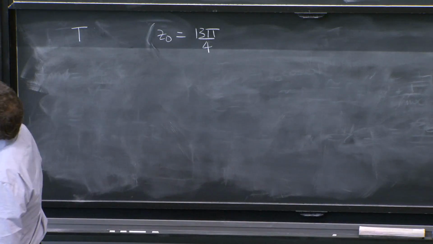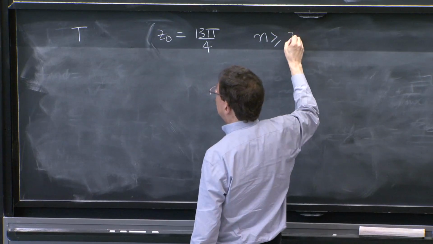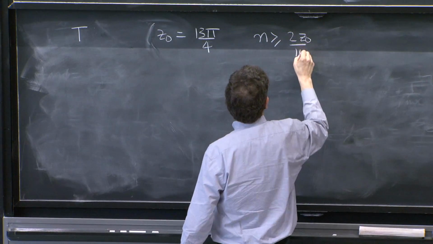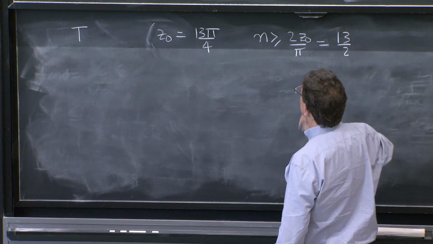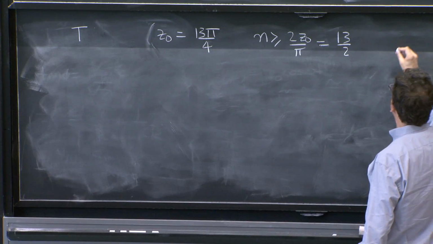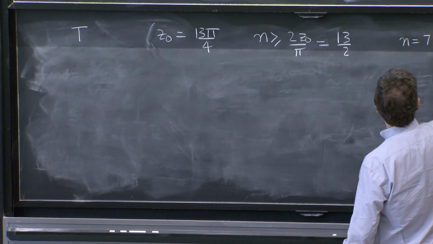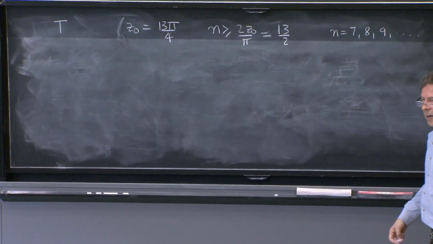Remember, n must be greater than or equal to 2 Z naught over pi. So this would be 13 halves. And 13 halves means that we can start with n equals 7, 8, 9, and all those.